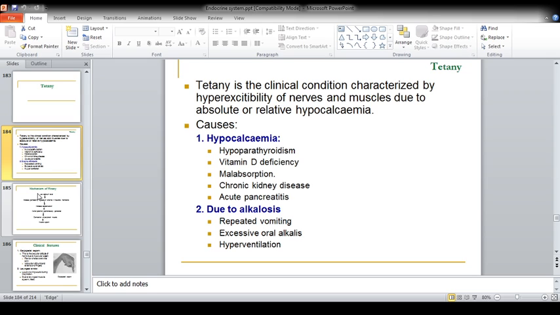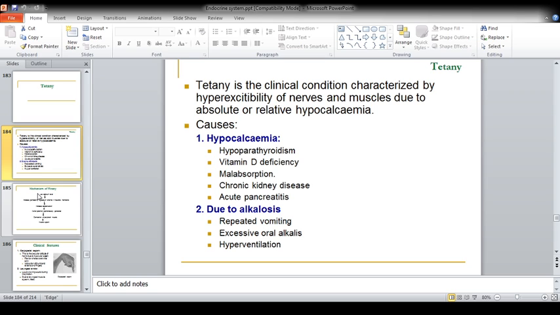Or tetany may also occur due to alkalosis. Due to repeated vomiting, ions are lost outside via the gastrointestinal tract, via vomitus, or excessive oral alkalis if we keep on taking, or hyperventilation, breathing with more pace and more respiratory rate.